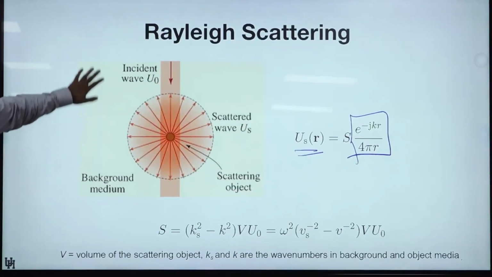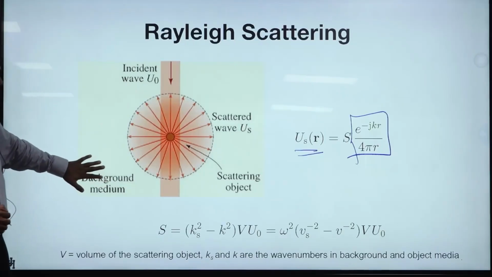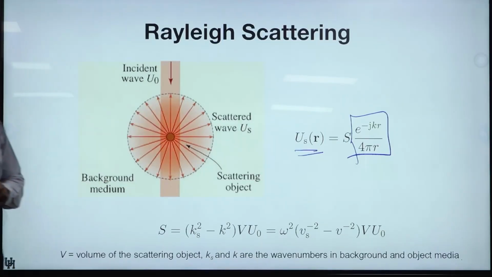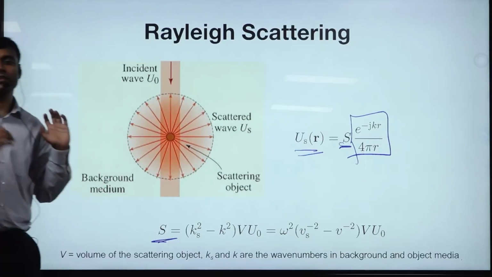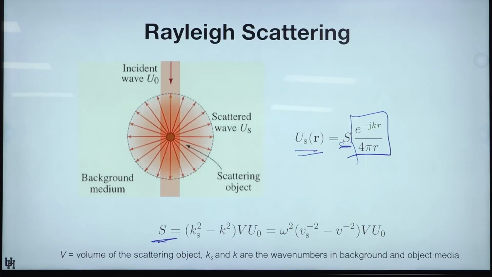So light is incident, there is a background medium and there is a scattering object. How much of the light scatters? Typically the amount of light that scatters is small. It's a reasonable assumption that for most objects, a small amount of light gets scattered by any given particle or point.